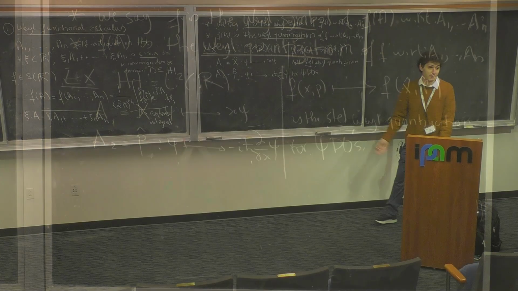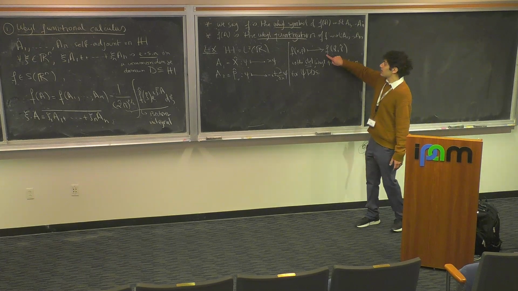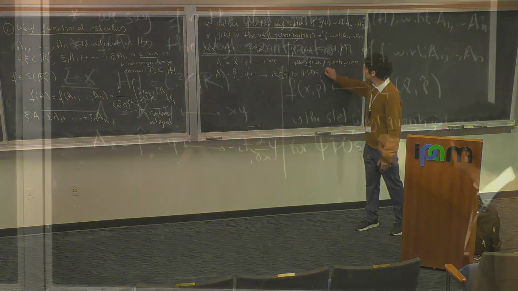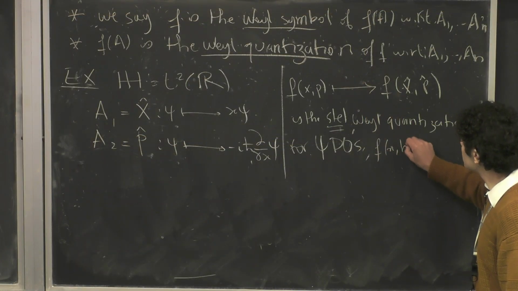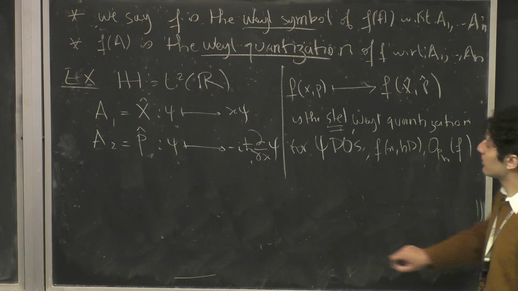And this has been mentioned, I think, a few times so far in this workshop, and you might see either this notation, which is f of big X, big P, or you might see f of little x, hD, or you might even see Op sub w of f.